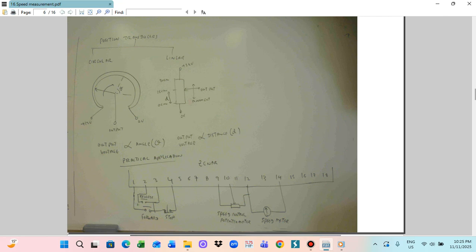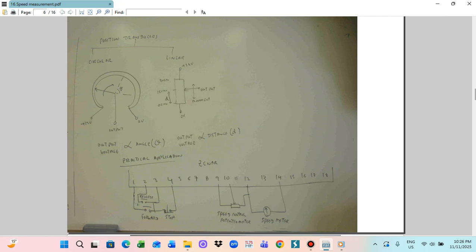Those are similar to a voltage divider. For the circular type we use two voltages. In the proposed circuit here, we provide 12 volt, and here we provide 0 volt, and then this one is the output.